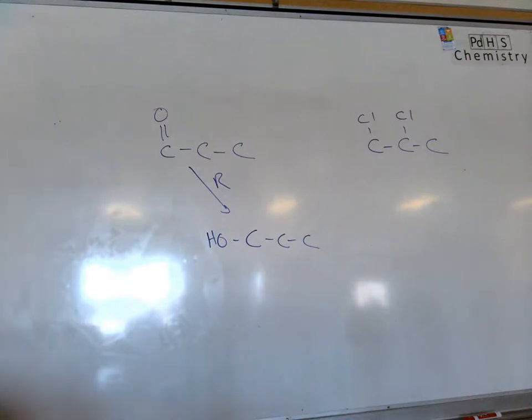Folks, you have to memorize this. You have to get this down. When you are trying to make a C double bonded to an O, you oxidize an alcohol. When you're trying to get rid of a C double bonded to an O, you reduce it.